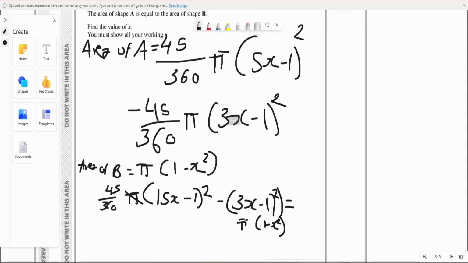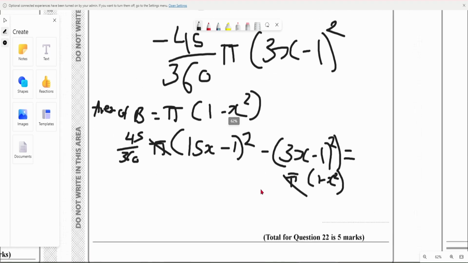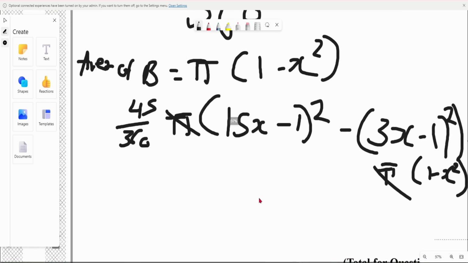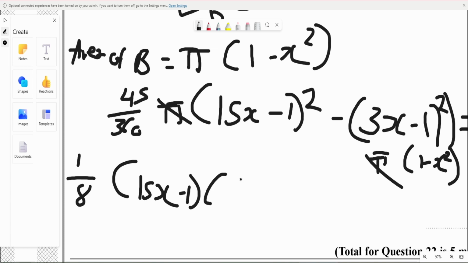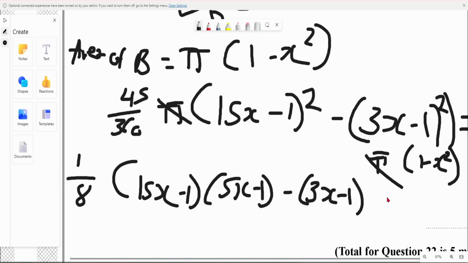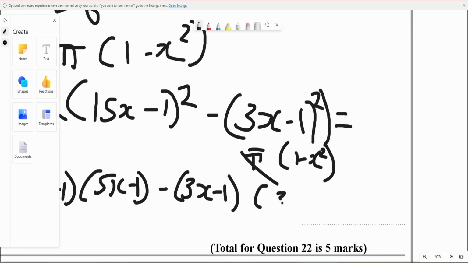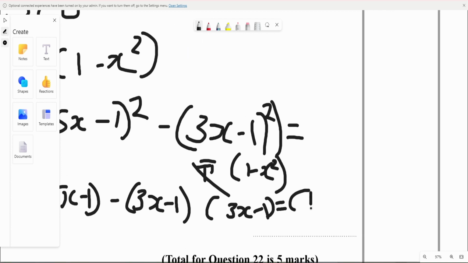But the pi's, we can cancel them out. So you're just going to get 1/8 of 5x minus 1 times 5x minus 1 minus 3x minus 1 times 3x minus 1 is equal to 1 minus x times 1 minus x.